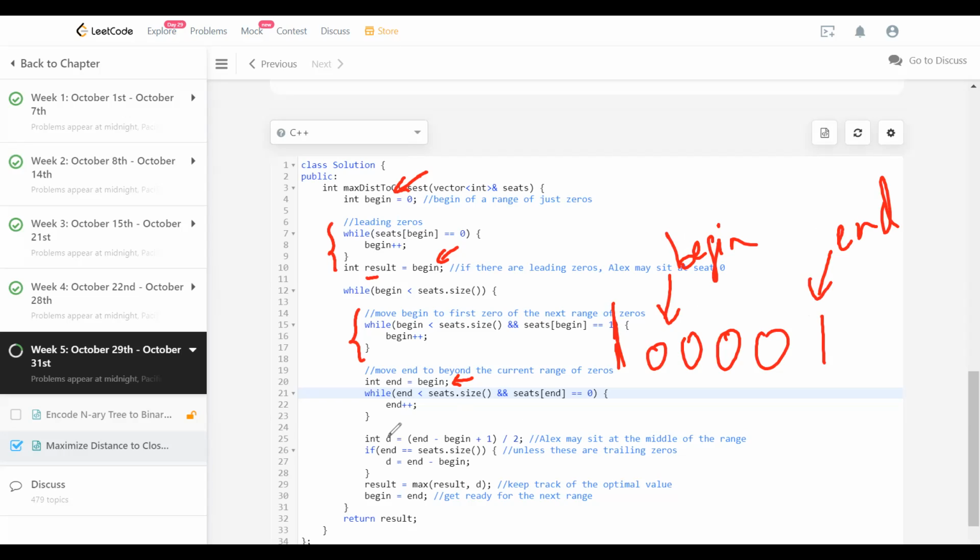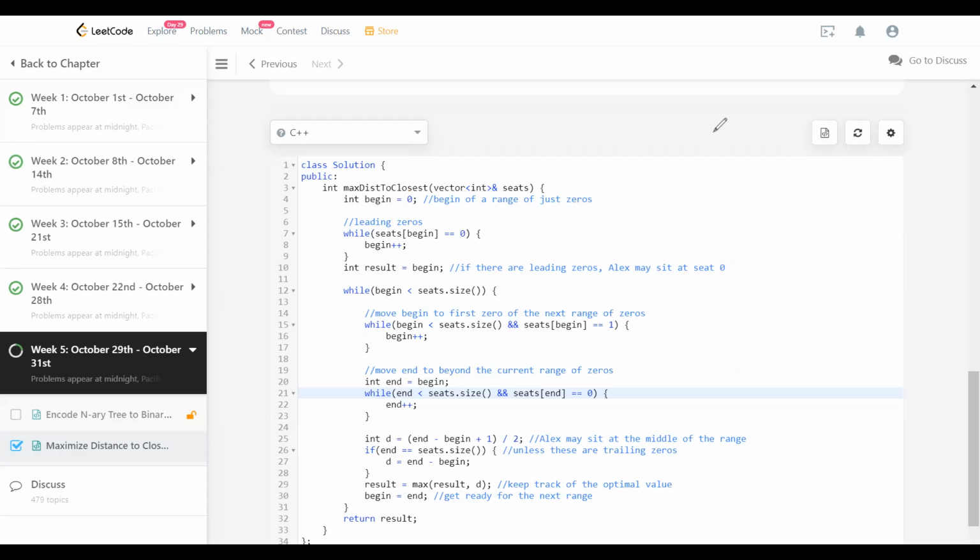Alex might sit at a distance of d from the closest person with respect to this range of zeros. Now we'd like to keep track of the best. So the best of whatever result was found so far and d is going to be the optimal value so far. Then we're going to move begin to end so that we move on to the next range. So that's the idea here, and it should work.